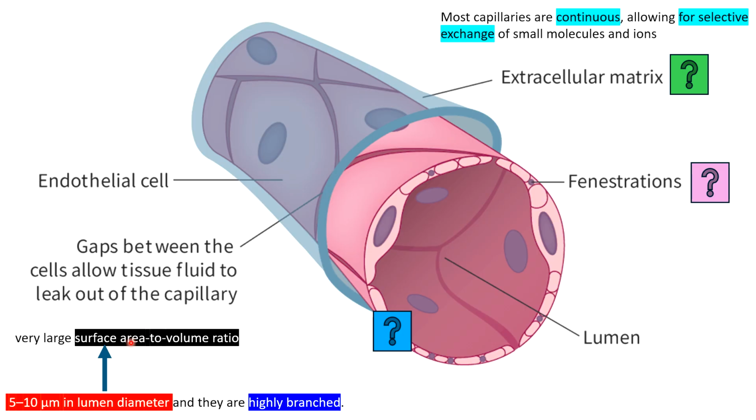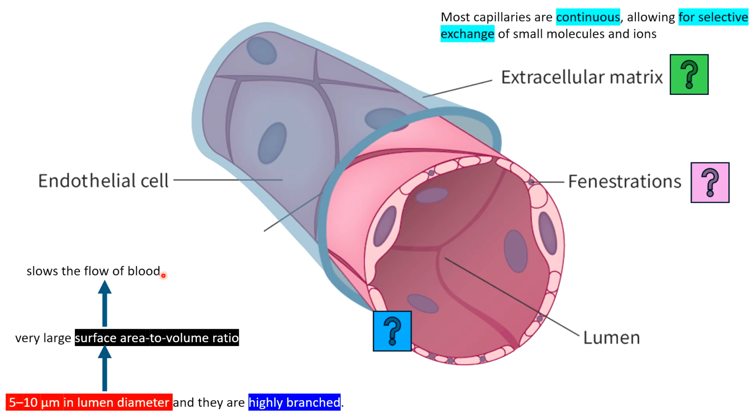And this means that they have a very high surface area to volume ratio, okay? There's a lot of surface area and little volume. That's why I said the walls are very thin and they have a lot of surface area, okay? And this, again, is very important to slow the flow of blood and give more time for the exchange of substances.